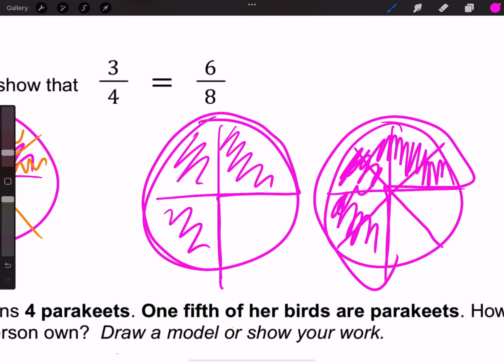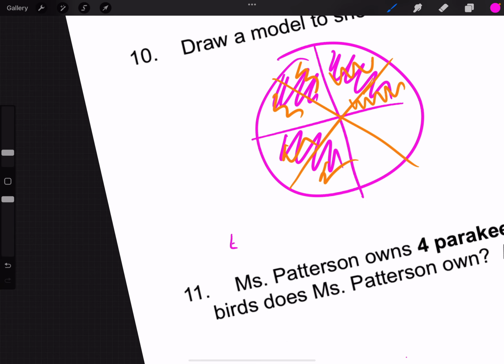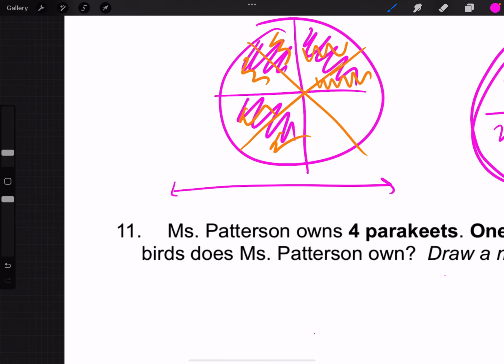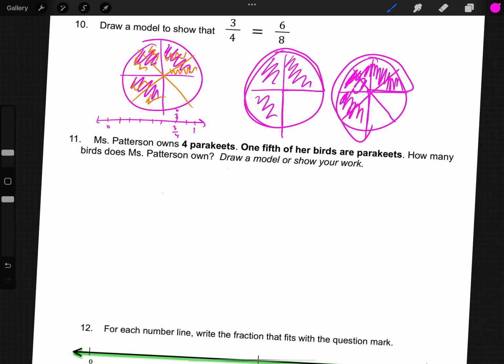So we're going to see those are the same amount. So any kind of model, they also might do it on a number line. So they might make 2 number lines or 1 number line and show that 3/4 and 6/8 are in the same place. So I could do 3/4 right there, and then if I split those again, I would have 6/8 looking that way. So those would be the different ways they could show that.